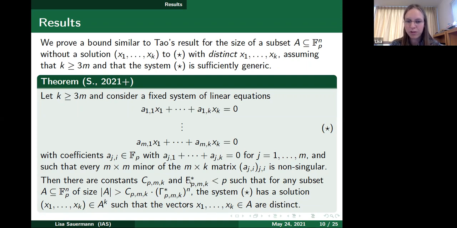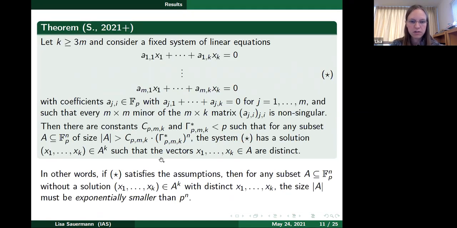And so again, the important thing is that this gamma star is strictly smaller than p, right? If you allowed gamma star to be p, this theorem would be stupid, but the important thing is that gamma star is strictly smaller than p. And so then having this sort of bound on the size of A suffices to find a solution in A to the system where the vectors x_1 to x_k are distinct.